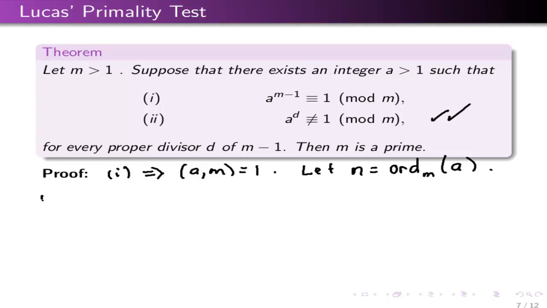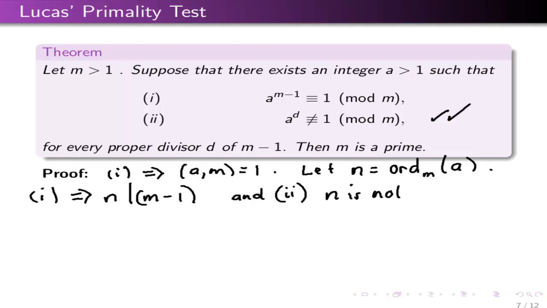So condition 1 tells us that n divides m minus 1. And condition 2 tells us that n is not a proper divisor of m minus 1. Well, that gives us only one choice. n would have to equal m minus 1.